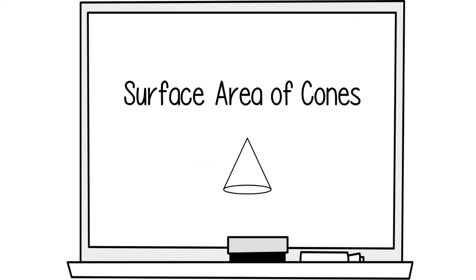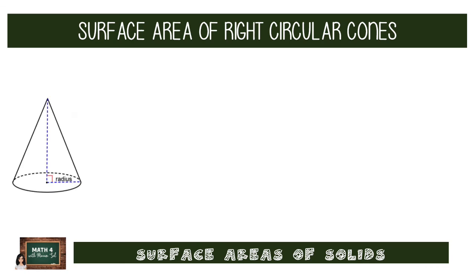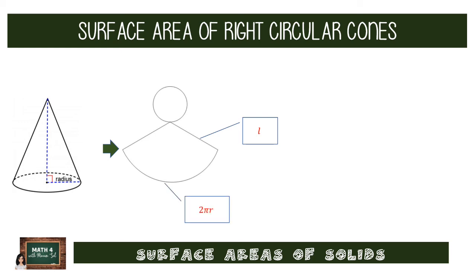Let's also find the formula for the surface area of cones. The surface area of a right circular cone also follows the same formula as that of any solid. We have to add the lateral area, which is a sector in this case, and the area of the base, which is a circle. The area of the sector is equal to 1/2 times the circumference 2 pi r times the radius of the sector, which is also the slant height L of the cone.